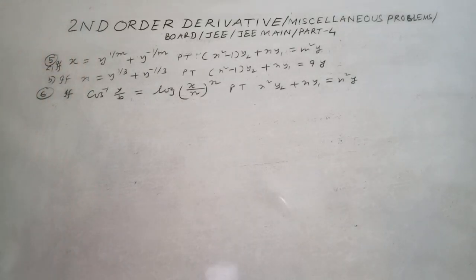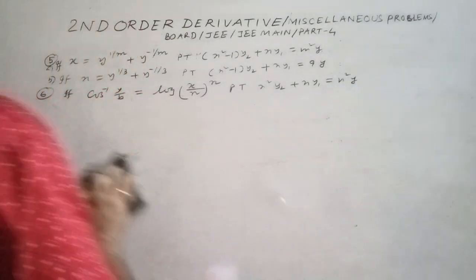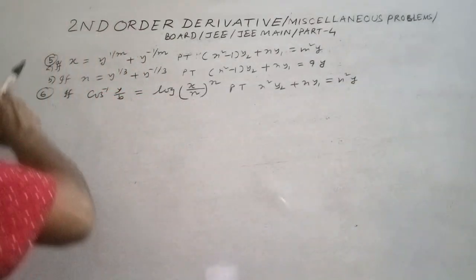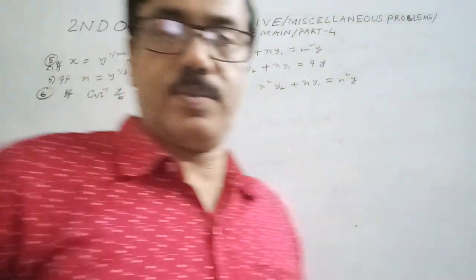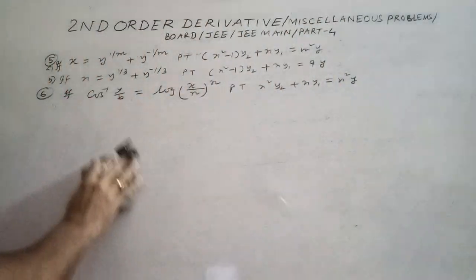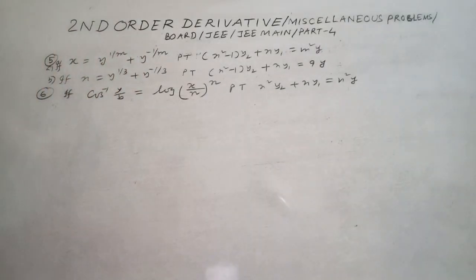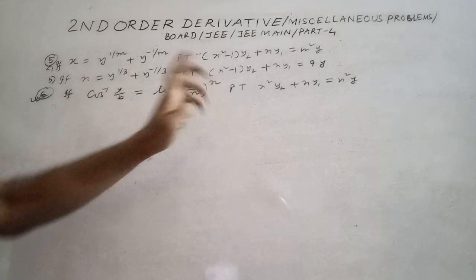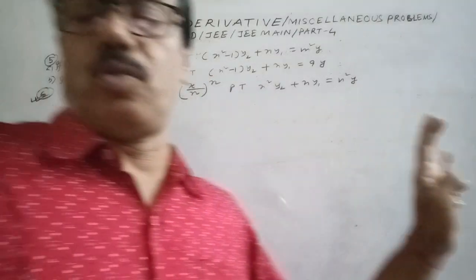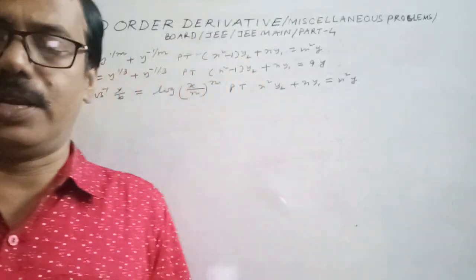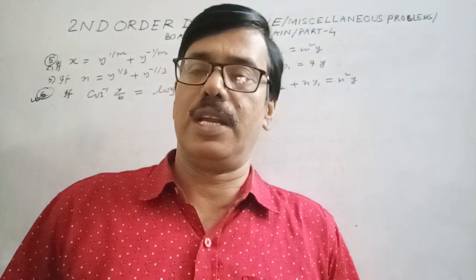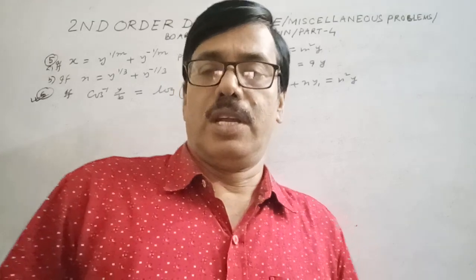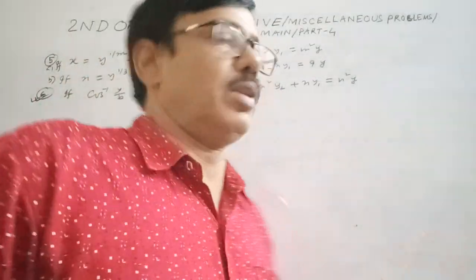Now, we are considering these two problems, 5 and 6. So we first consider problem number 6. Now, this is cos inverse. So listen: cos inverse of y by b equals this. The result is in terms of y2, so our main aim will be to express the given function y in terms of x, if possible.